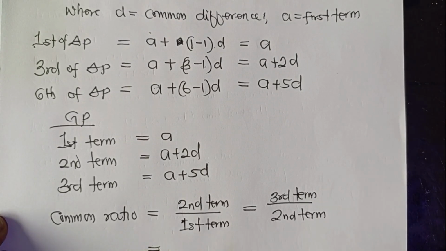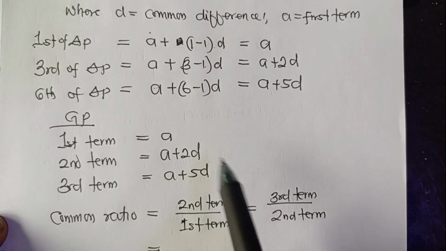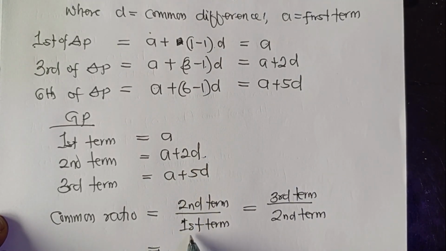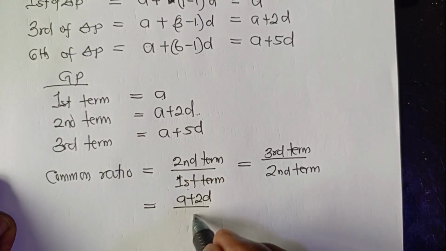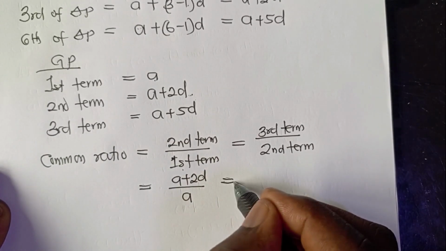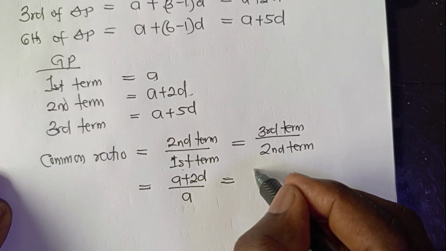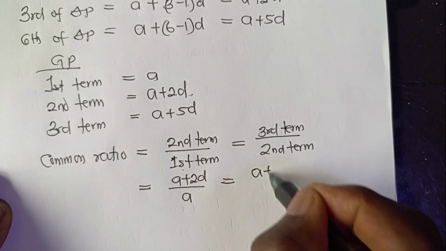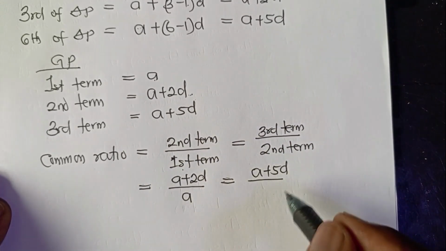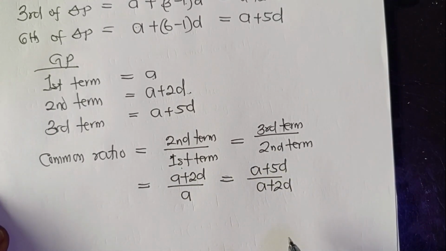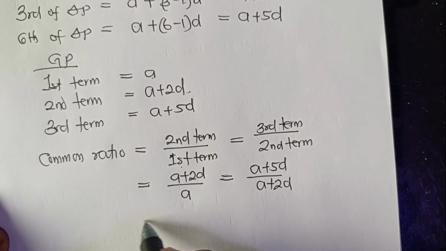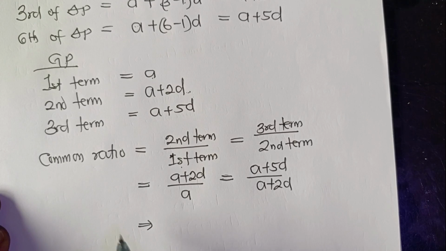So getting our common ratio, we know our second term and our first term. We can have a plus 2d over a equals the third term, a plus 5d, divided by the second term, a plus 2d. Let's cross multiply.